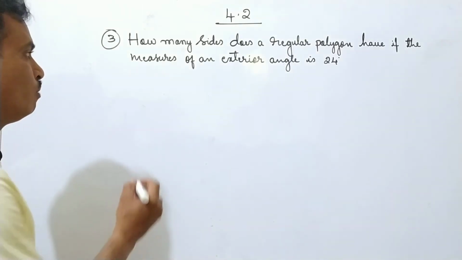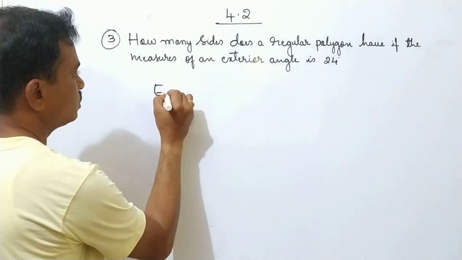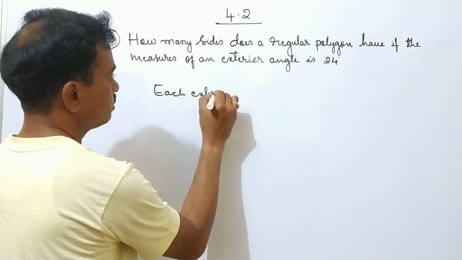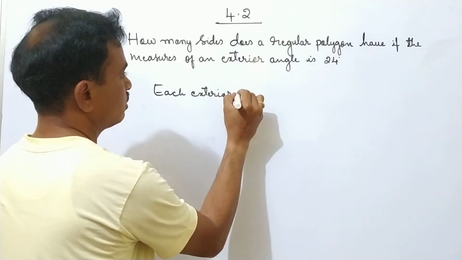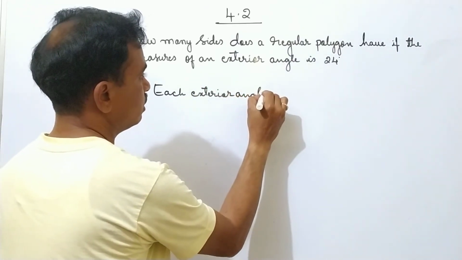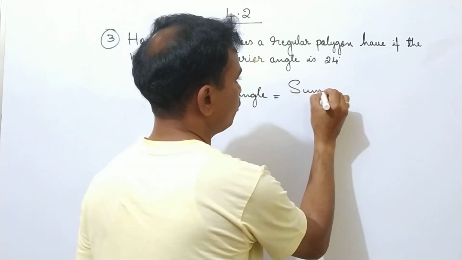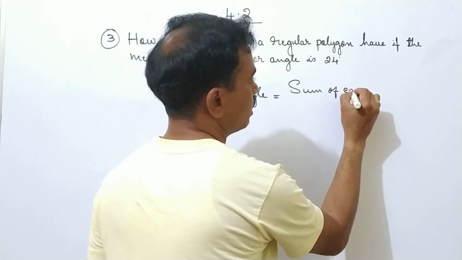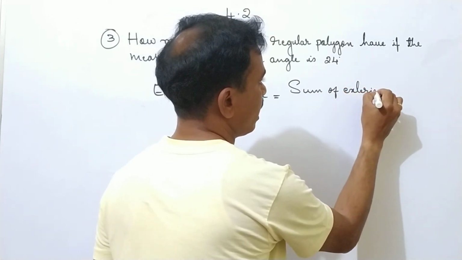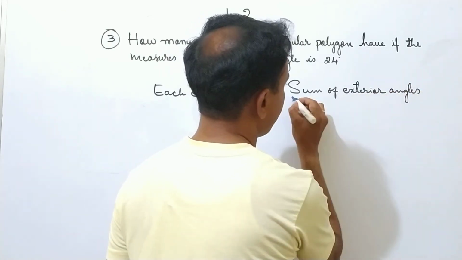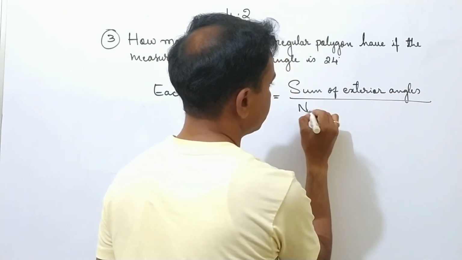So one formula is there: each exterior angle is equal to the sum of exterior angles, whole divided by the number of sides.